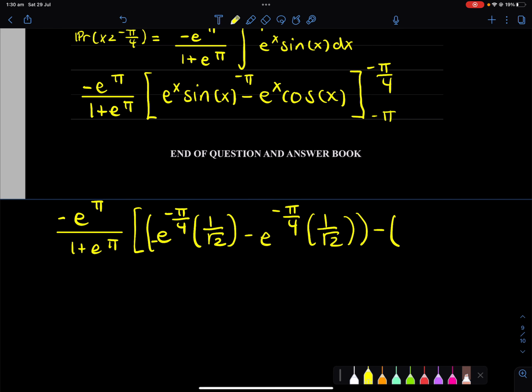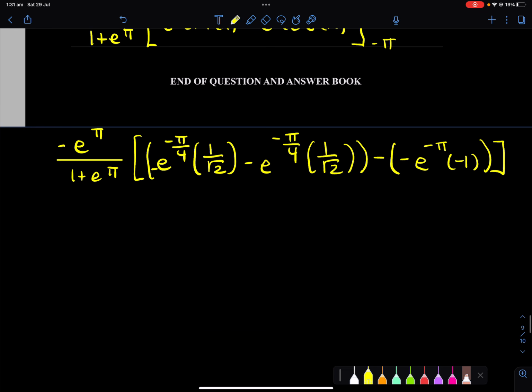Minus, so it'll be e^(negative pi). What's sine? We know that sine pi is 0, so it just becomes 0 anyway. Minus e^(negative pi), what's cos of pi? It's negative 1. Close bracket. It's a lot of working out for the question.